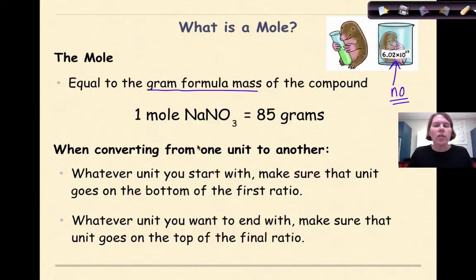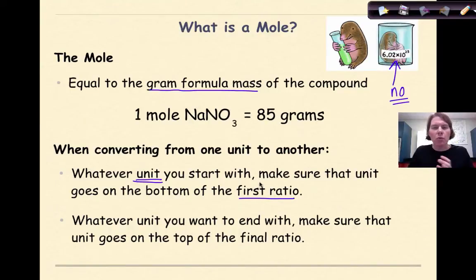Now, when converting from one unit to another, and this is basic dimensional analysis, I have 2 rules that I use. Whatever unit, grams, moles, whatever unit you start with, make sure that unit goes on the bottom of the first ratio. Now I use the word first because there can be situations, like if you're in honors chemistry or AP chemistry, where you might be using multiple ratios.